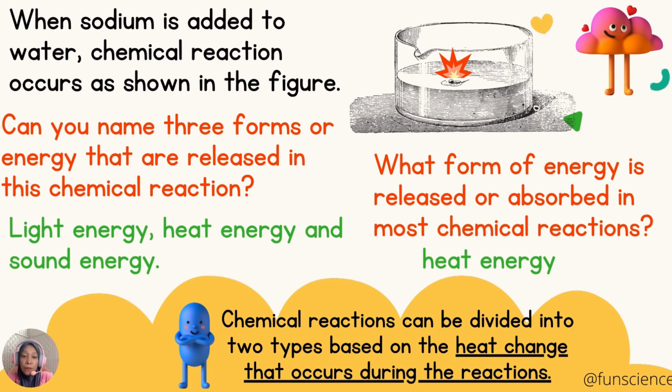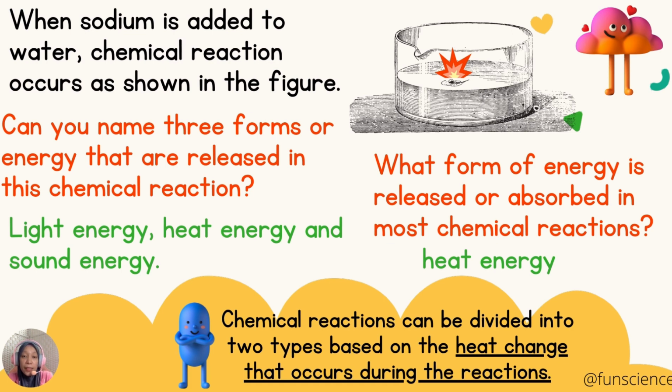So what form of energy is released or absorbed in most chemical reactions? Since we know just now there are 3 forms of energy, which are light energy, heat energy, and sound energy, but for most chemical reactions, there is only one energy that you can observe.